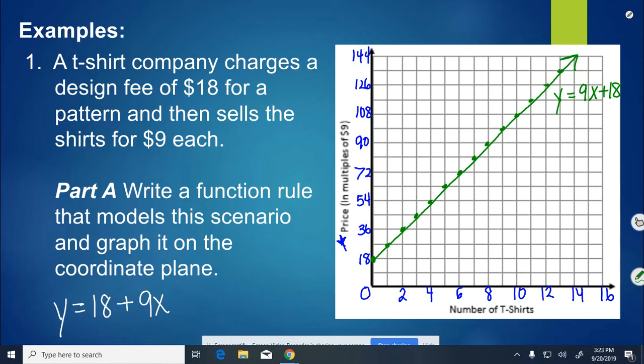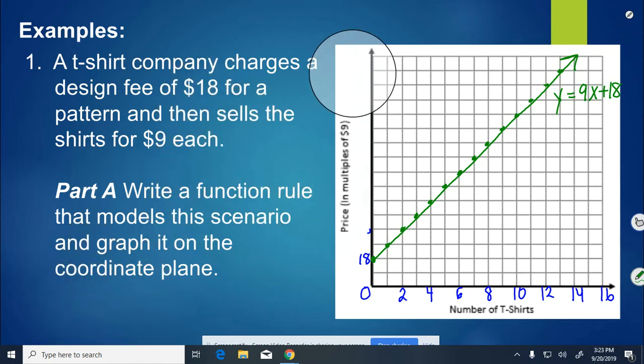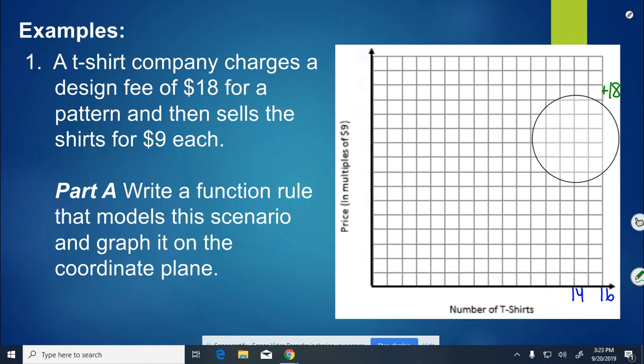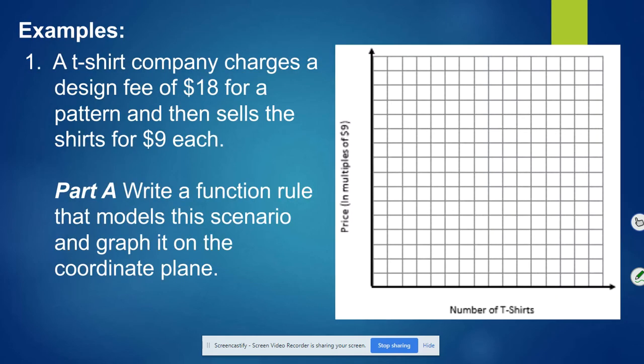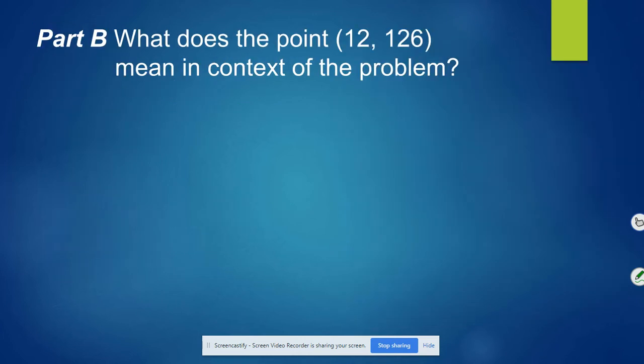Let's see what we have attached to this. What does the point (12, 126) mean in the context of the problem? If I go back, the x-axis was the number of t-shirts and the price is the y-axis. So again, the x is the number of t-shirts ordered and the y is the price for all those t-shirts.